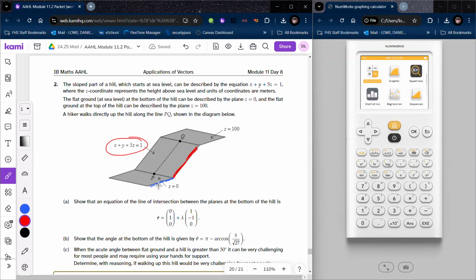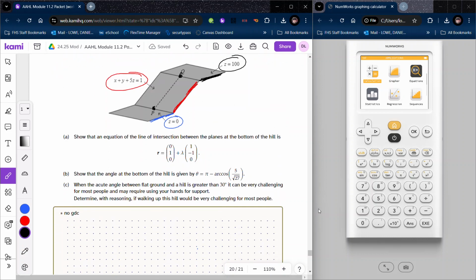The flat ground at sea level that I put over here in blue is described by the equation z equals 0. And at the top of the hill, we have the equation z equals 100, which represents the flat top of the hill. And we have someone that walks directly from point P at the bottom of the hill to point Q at the top. Okay, so what do we ask?